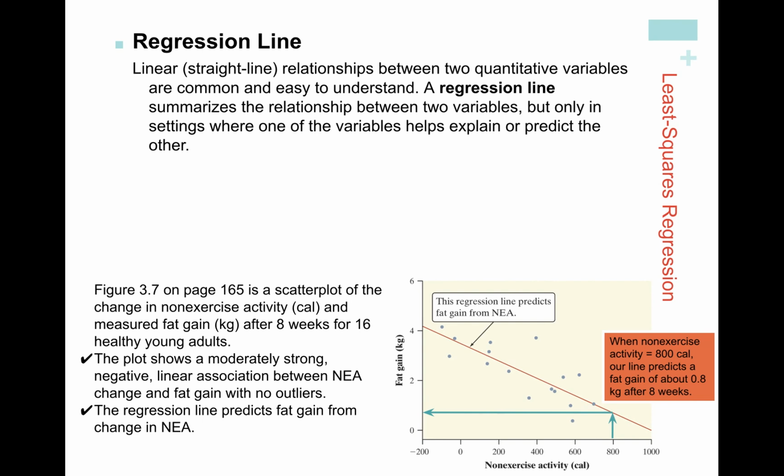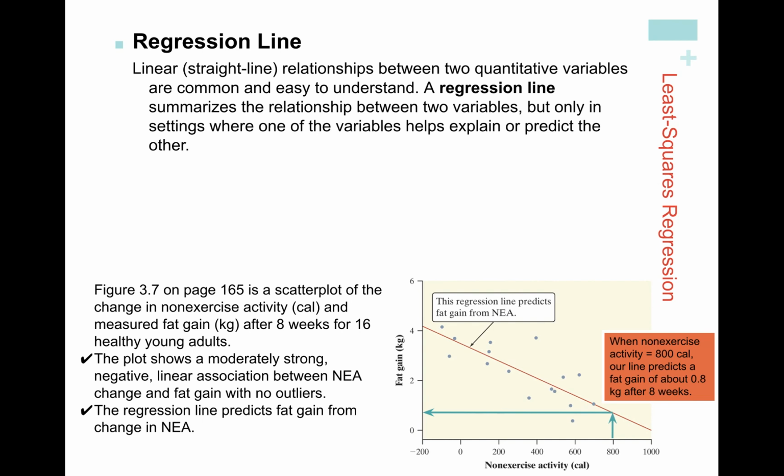So here is the example that threads through the entire chapter. In this example, for 8 weeks, we had 16 healthy young adults who were overfed, and we wanted to measure what their fat gain was after 8 weeks.